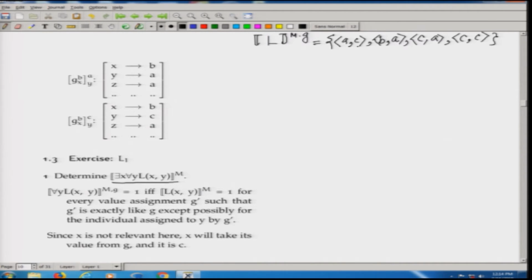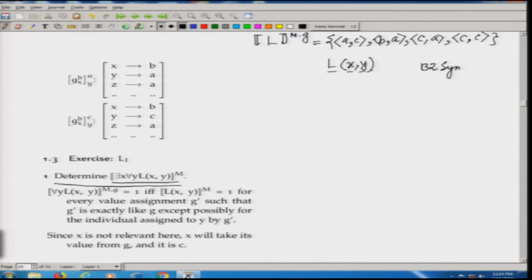Now how to calculate the value of this thing. You see, there are 2 steps in it. So the basic formula is LXY, which is formed by using B2 of our syntactic rule, B2 of syntax, where this is a term and this is a term and this is a 2 plus predicate.